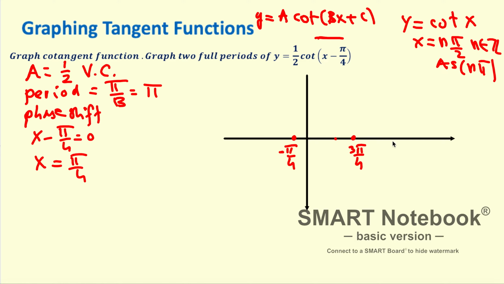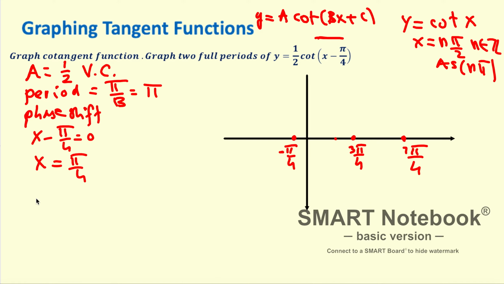If I go to the other side, adding pi, 4 pi over 4 plus 3 pi over 4 is 7 pi over 4. So those are the locations where the graph of the cotangent function intersects the x-axis.